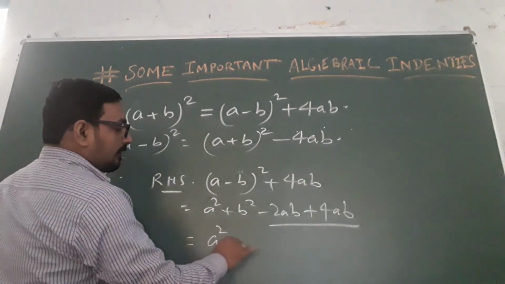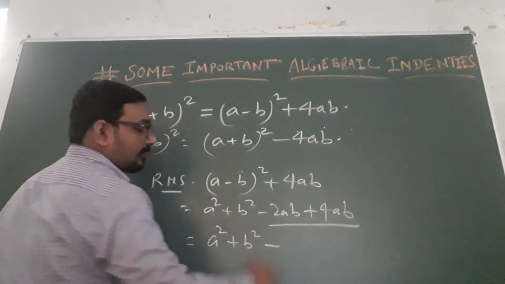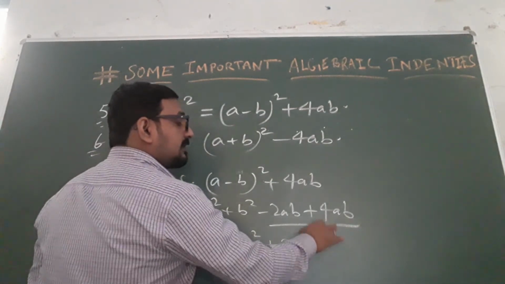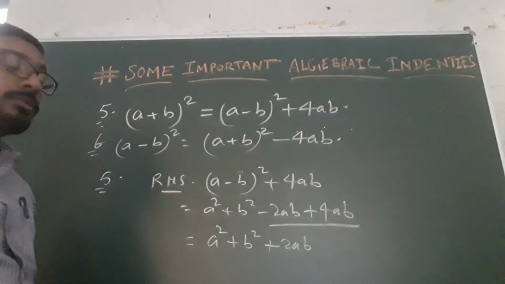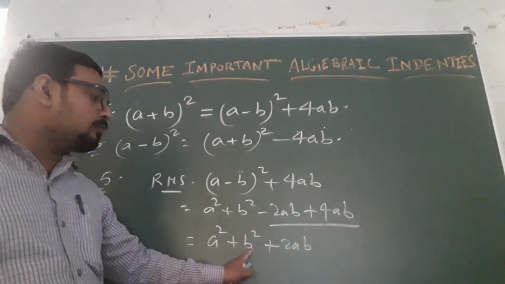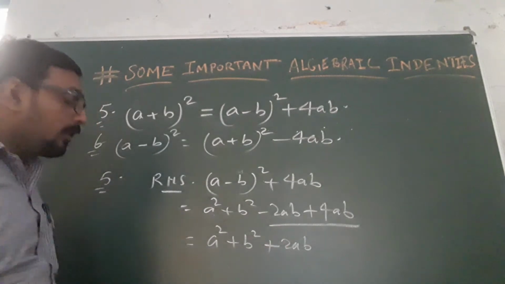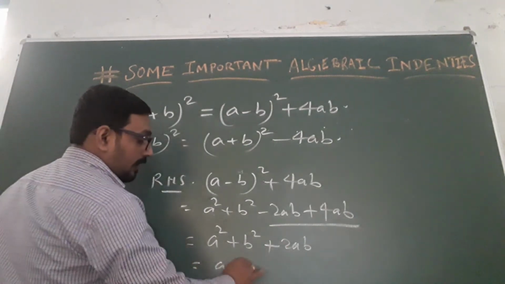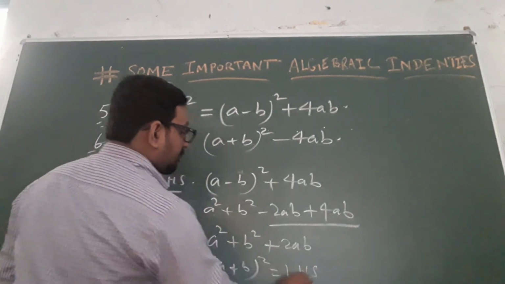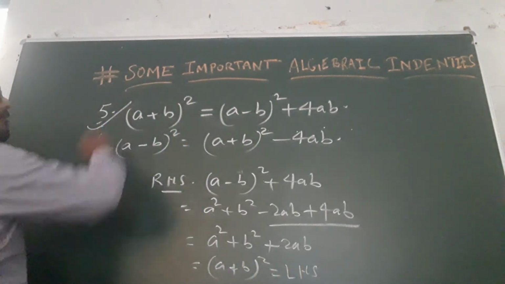So a square plus b square, and the result is plus 2ab. Why plus 2ab? Because it is greater, so we use the sign of the greater part. Now see here, a square plus b square plus 2ab is the formula of a plus b whole square. Alright, it is your LHS. This formula number 5 is verified.